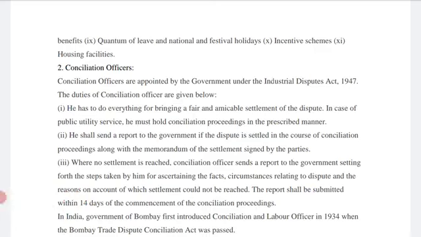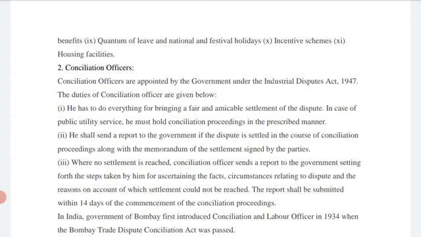Means see, if there are certain issues in industrial disputes, if two parties are conflicting, what is this person supposed to do? This person is supposed to stop both of them, try to cool down both the persons.